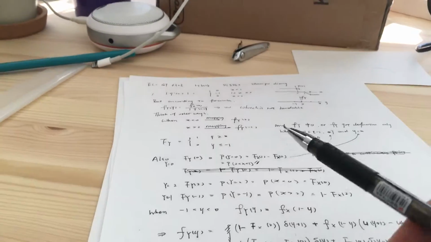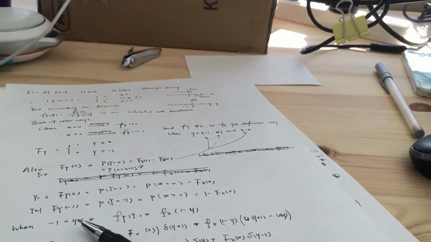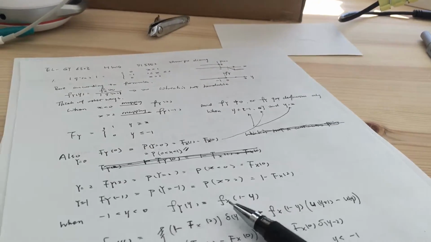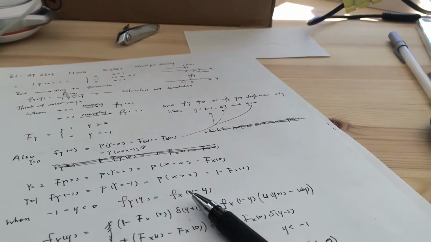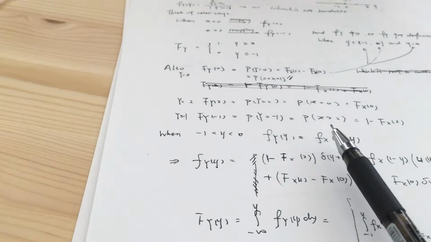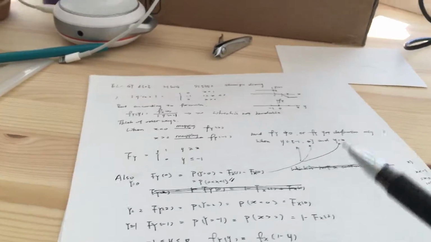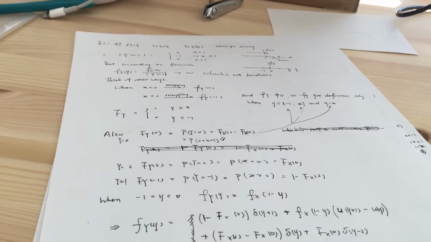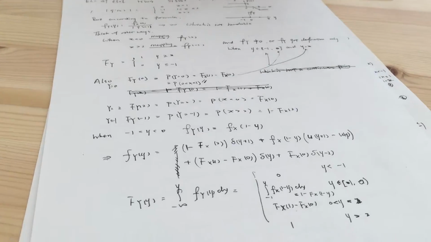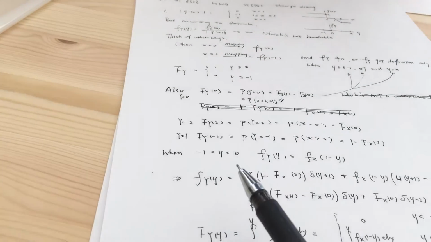So we could use the fundamental theorem that, for the interval of y from minus 1 to 0, where lowercase y equals lowercase x, it is easy to find that this formula exists. So we have already written all of the capital F_Y and one lowercase f_Y.